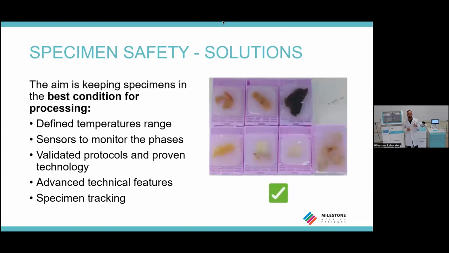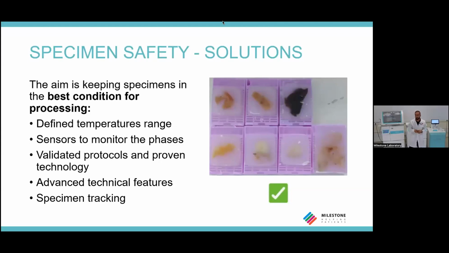There's the possibility to define a temperature range in order to monitor temperature excursion during the whole process. There are sensors to monitor all phases. There are validated protocols and proven technology. Also, technical features like the splitted manifold and other interesting attributes that I'm going to show you soon.